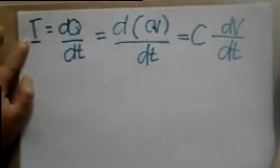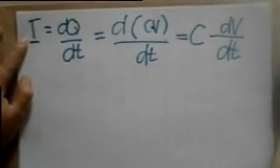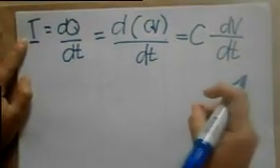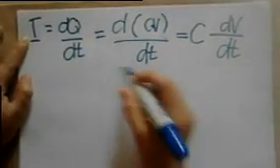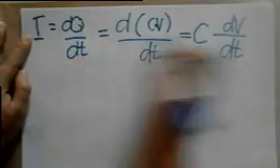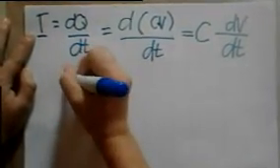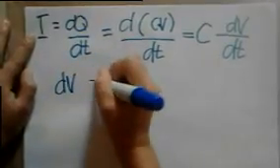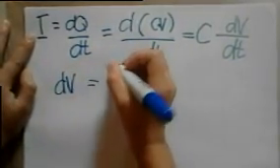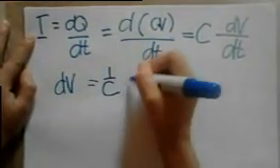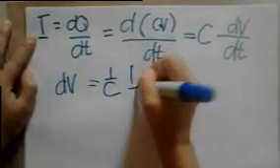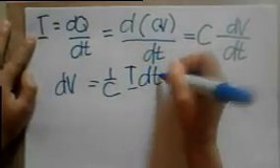By rearranging this equation, we can calculate the voltage across the capacitor as a function of the displacement current. So from I equals C dV over dt, we have dV equals 1 over C I dt.